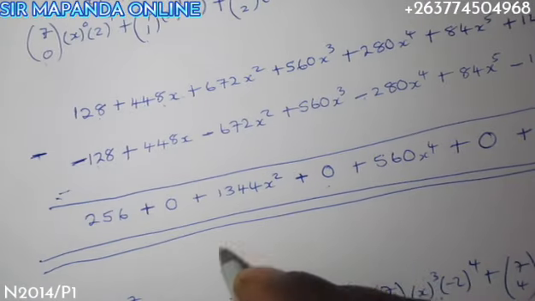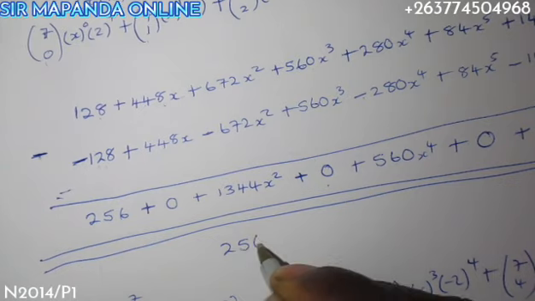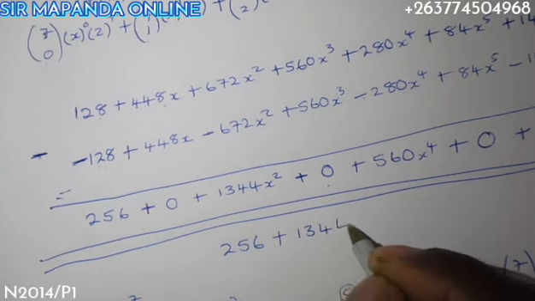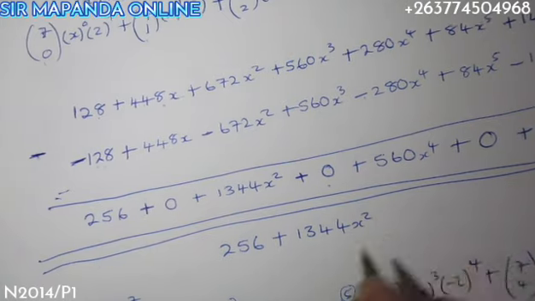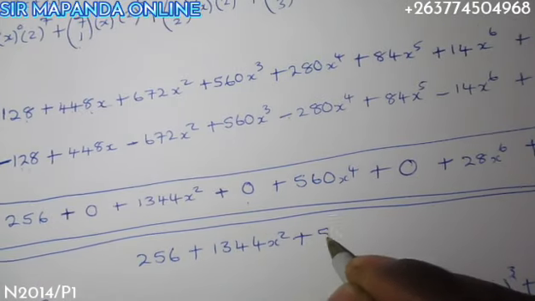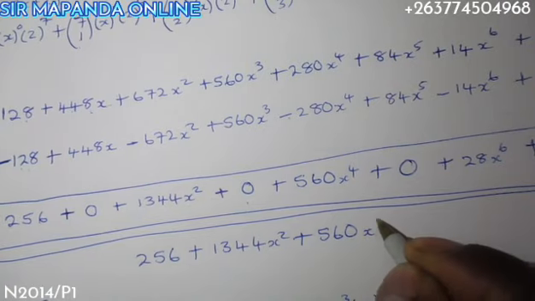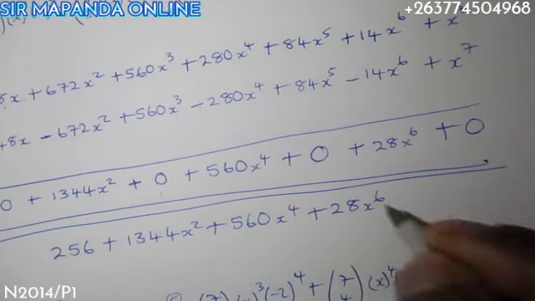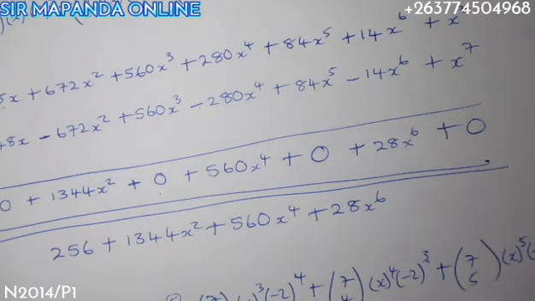So your final answer becomes 256 plus 1344 x squared plus 560 x to the power 4 plus 28x to the power of 6. This is your final answer. I hope you are following the class.